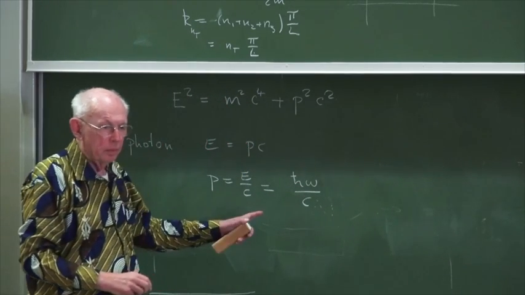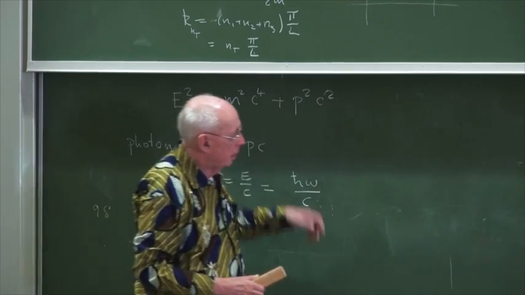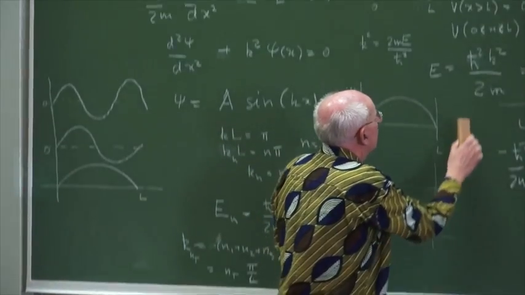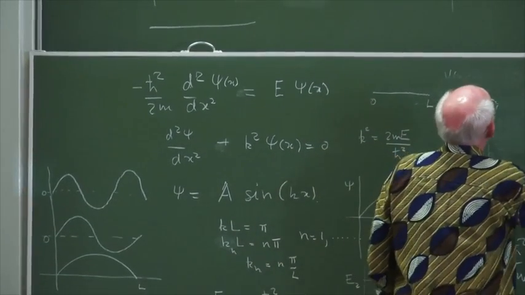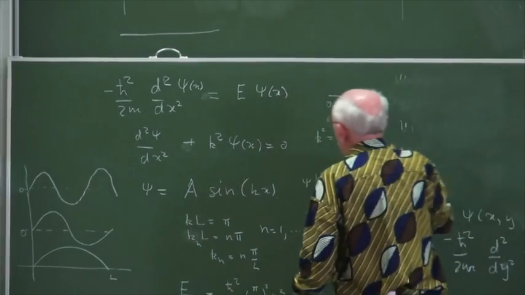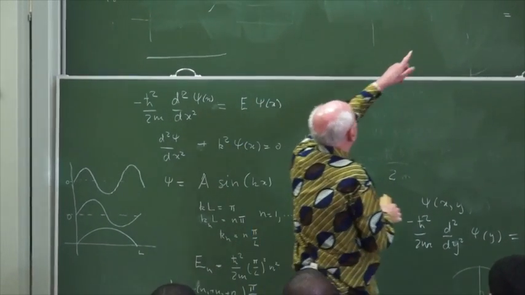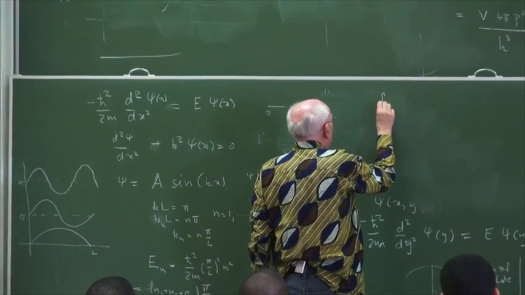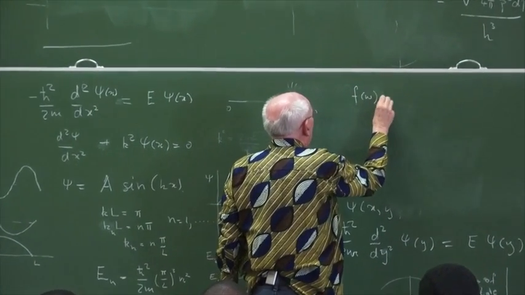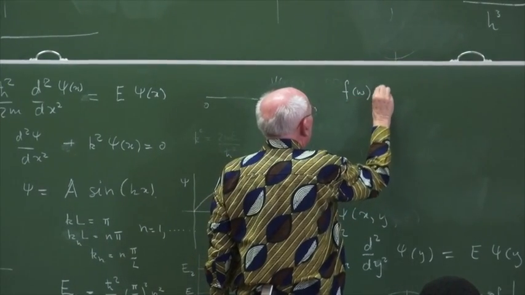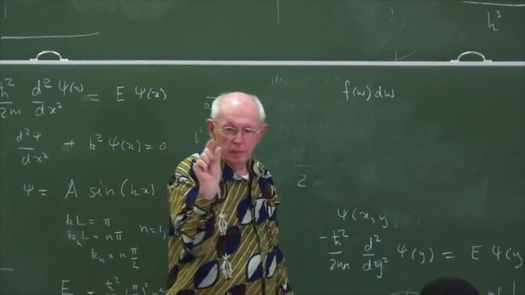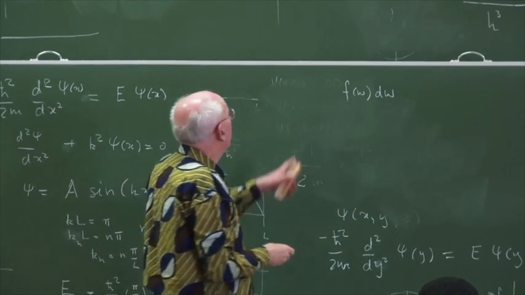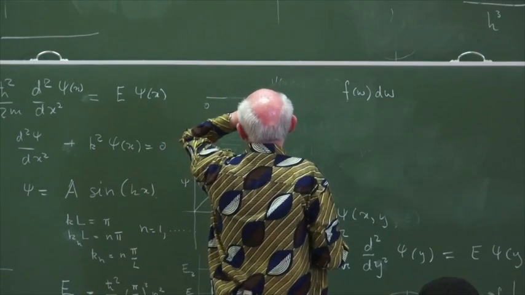So this is what P looks like, and so we now want to just put it in there. We want to have the number of states of a photon between omega and omega plus d omega, in a small interval. And so we just put that in.